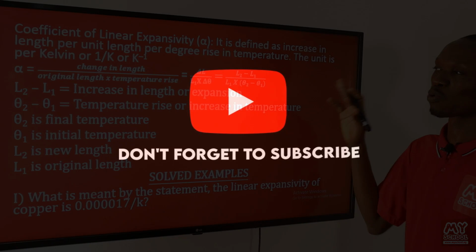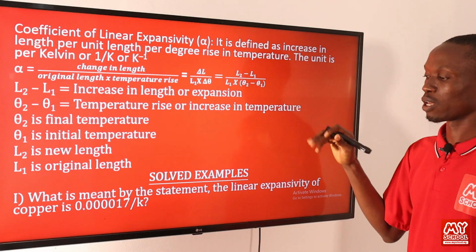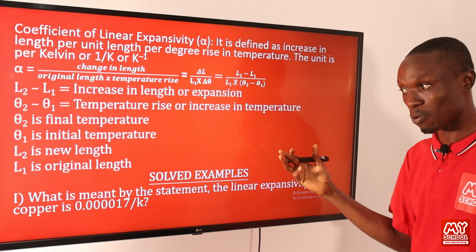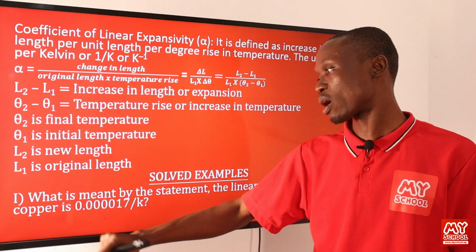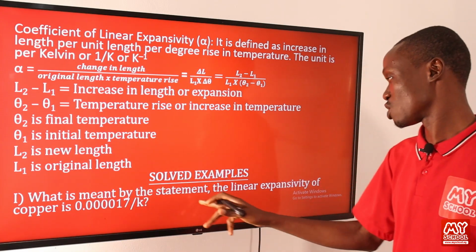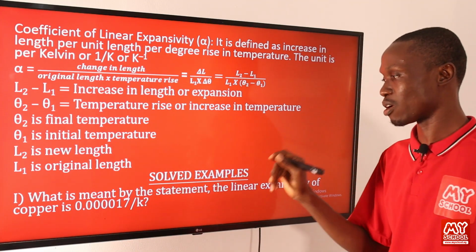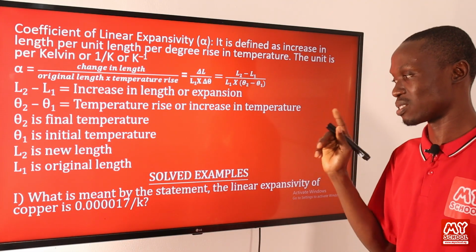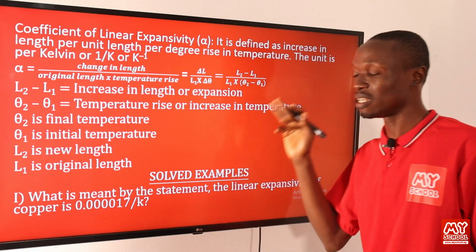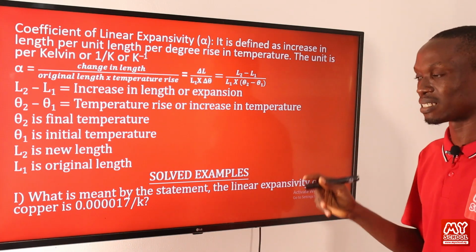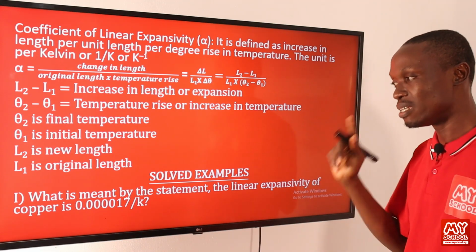Now that we have covered one type of thermal expansion, let's solve some examples to drive home what we just learned. Number 1, what is meant by the statement that the linear expansivity of copper is 0.000017 per Kelvin?